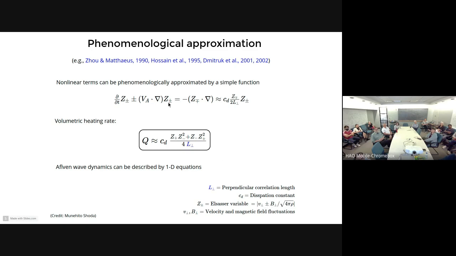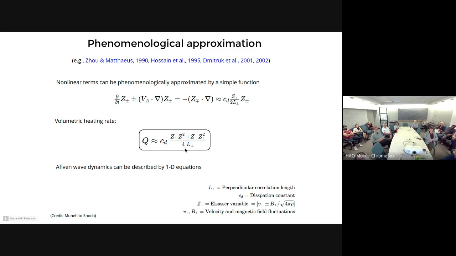The phenomenological approximation can help reduce the very complicated nonlinear terms into one-dimensional terms, and that reduces the entire approximation to a very simple term where the volumetric heating rate is approximated as a constant, which is a dissipation constant, times a relation of the Alfvénic variables divided by this particular term, which is the correlation length parameter.